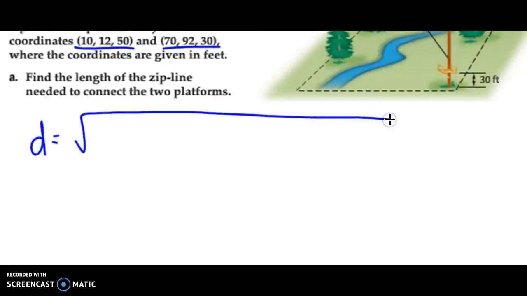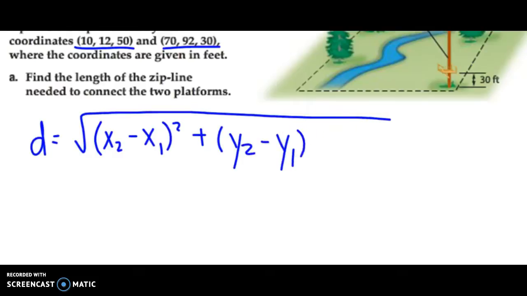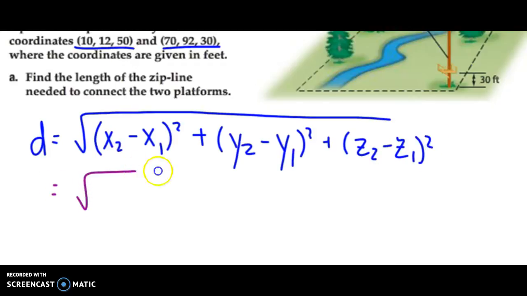Remember, distance for 3 points is the square root of x2 minus x1 squared, plus y2 minus y1 squared, plus z2 minus z1 squared. And I'll just fill in my numbers as I see them.